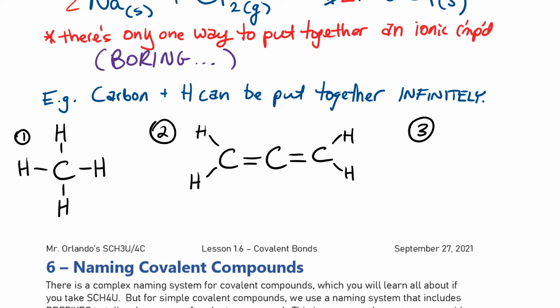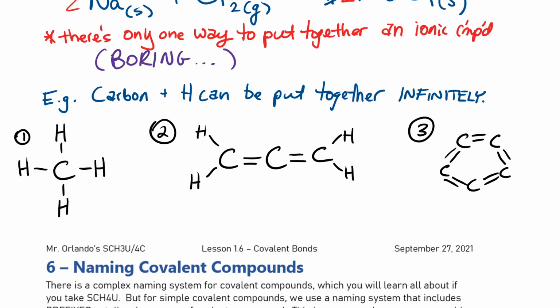But I could also put it together, carbon, carbon. I could make a ring. And then make that a double bond. 1, 2, 3, 1, 2, 3, make that a double bond. 1, 2, 3, 4, 1. Yeah, I could do that. Is that true? Is everything making 4? Yeah, everything's making 4. There you go. I could put them together like that.